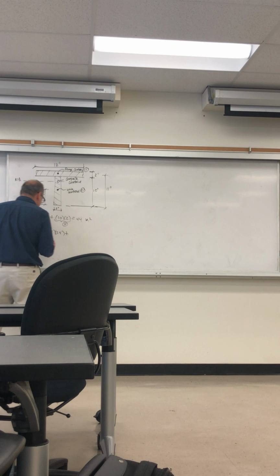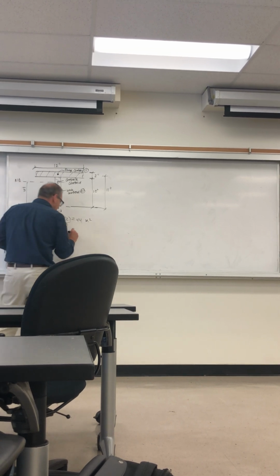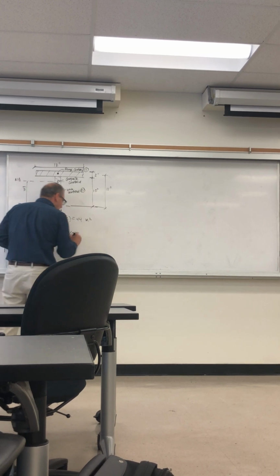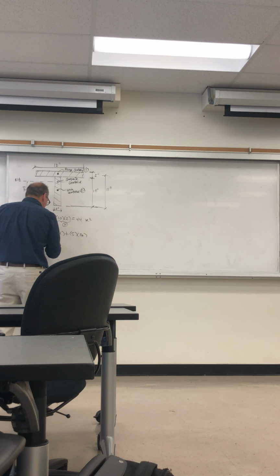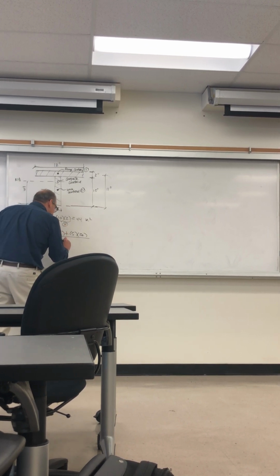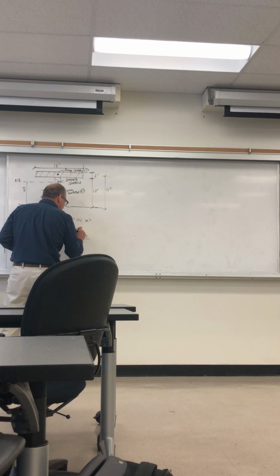Plus the second one, we go up from here 5, and the area is 10 times 2 is 20. Divide all of that by 44. This one is from 1, and this is from 2.